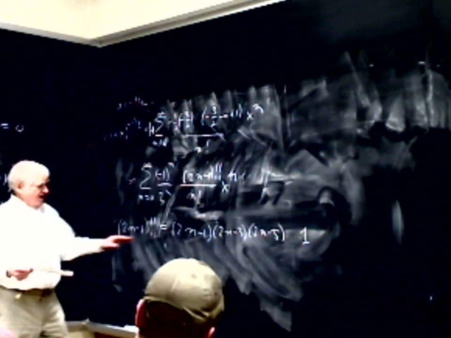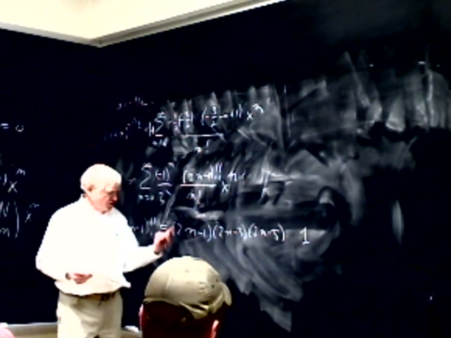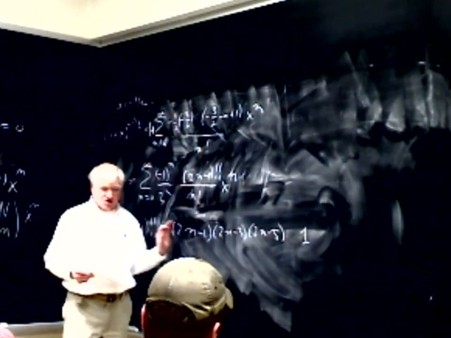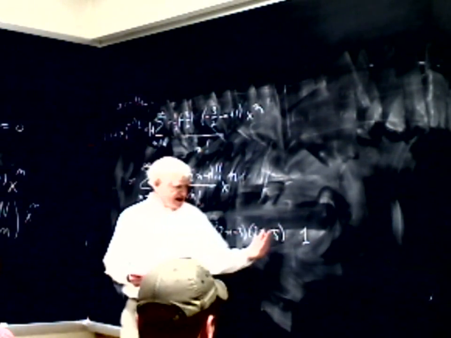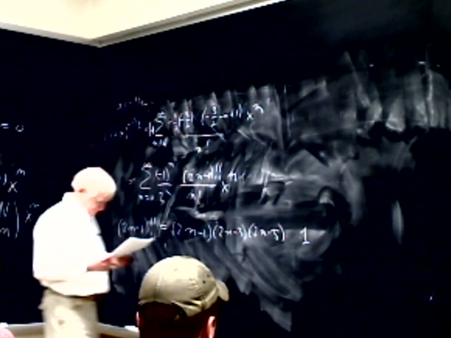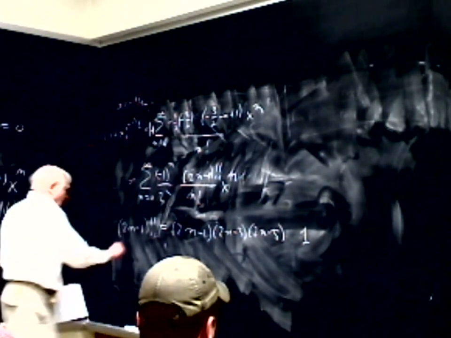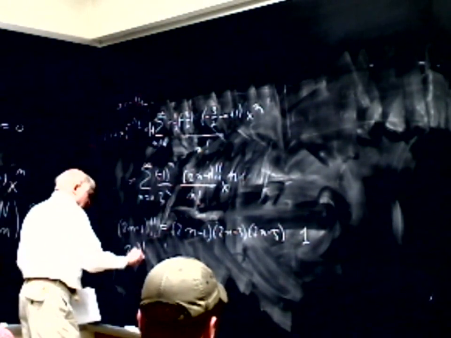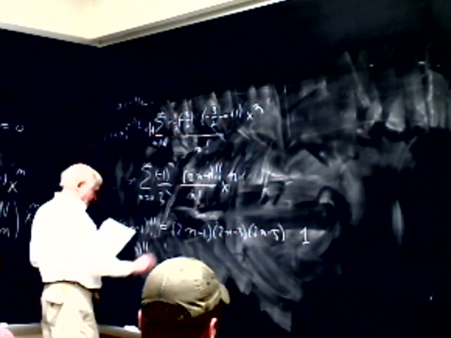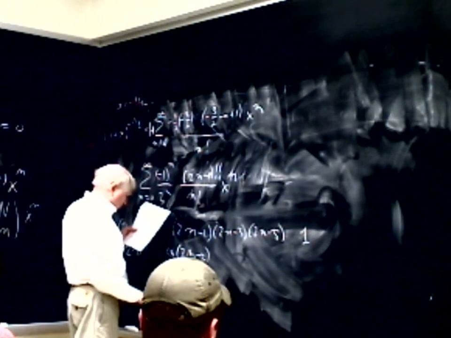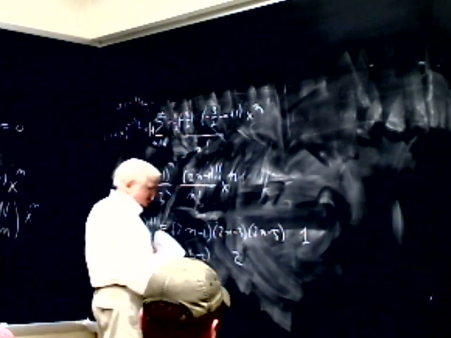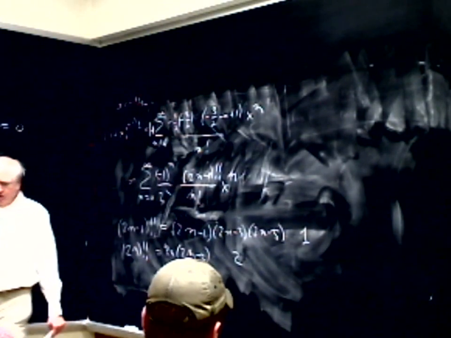Because you see, if n is an integer, then 2n is an even integer, minus 1 is an odd integer. So if you subtract 2 at each stage, you eventually get down to 1. On the other hand, 2n double factorial by itself is 2n, 2n minus 2, dot dot dot, and then we just stop at 2 eventually. We don't go to 0.